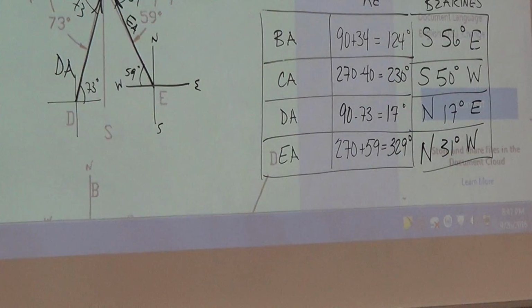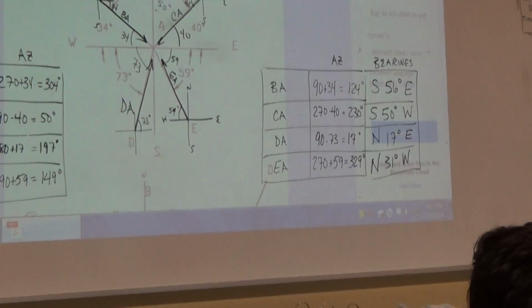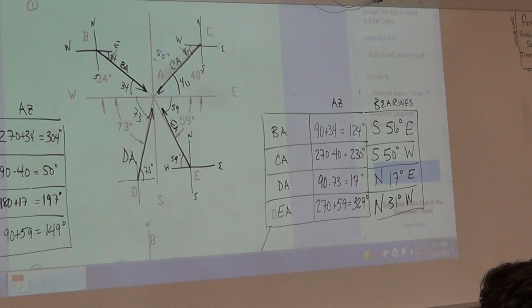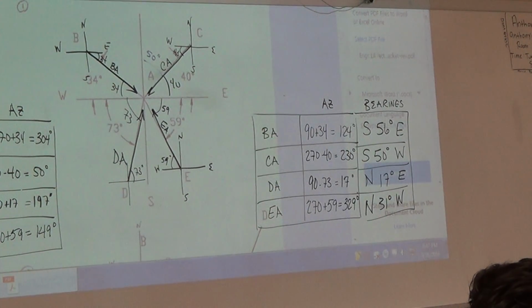So if I take 329, add 180, and then subtract 360, we get 149. 124 plus 180, 304 plus 180 equals minus 360. Okay. So I guess it could work.